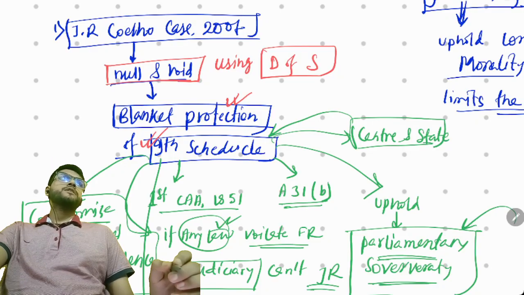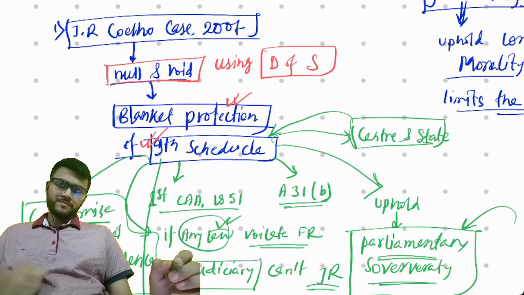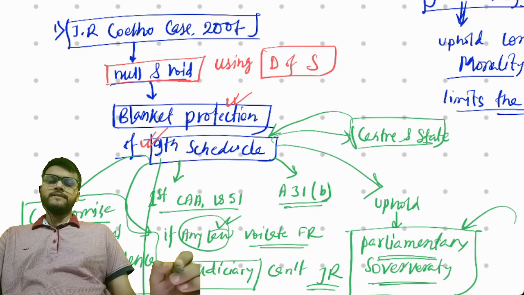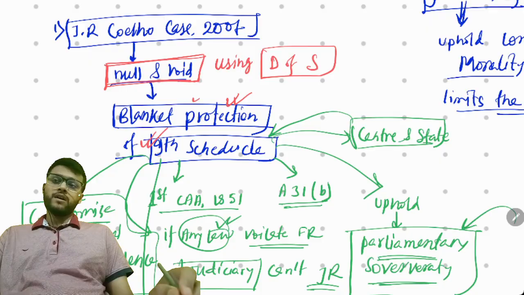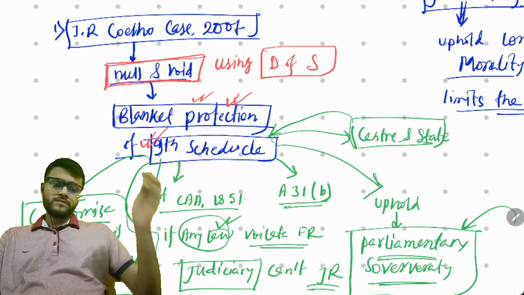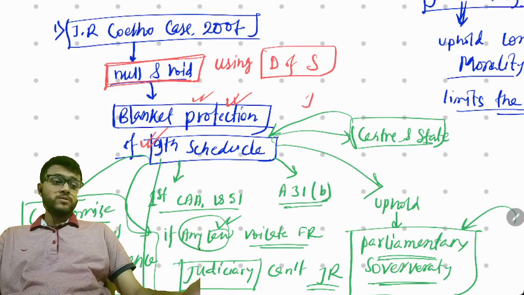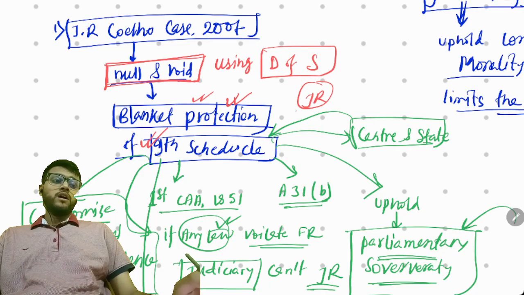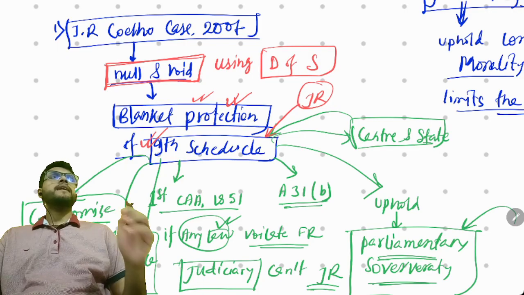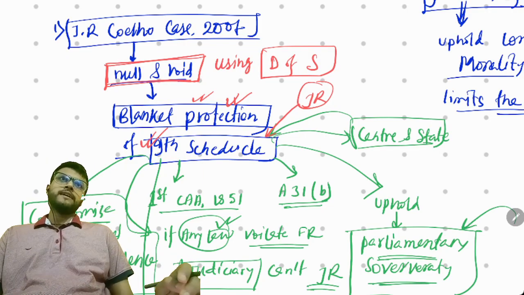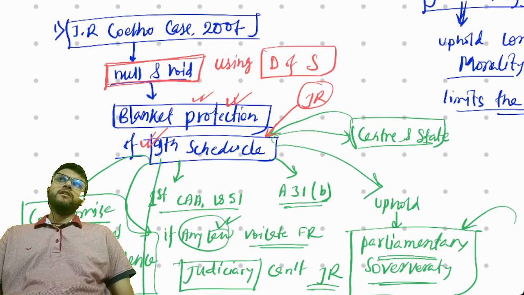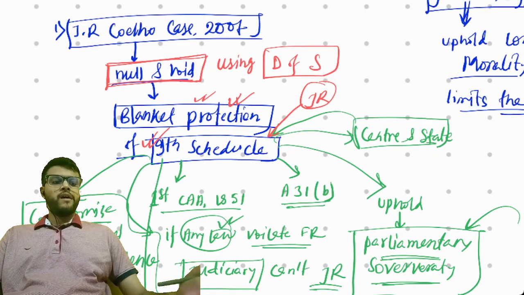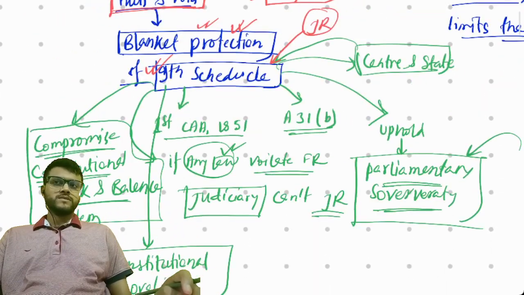This will be null and void. So now judicial review can apply to any law, including any law inserted into the ninth schedule. Done.